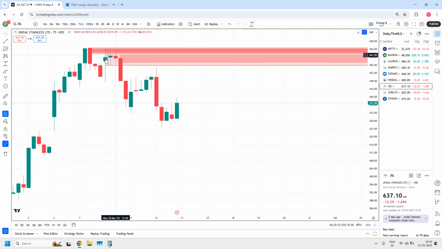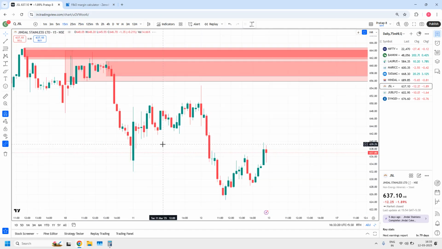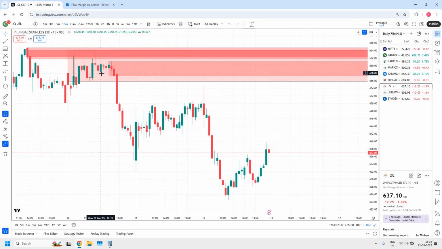This is how our software identified based on the dynamic views. And this zone is fine-tuned with 15 minutes. Here we have a rally candle, 5 base candles and a drop candle. Rally base drop. This is how this 15-minute zone we have drawn.